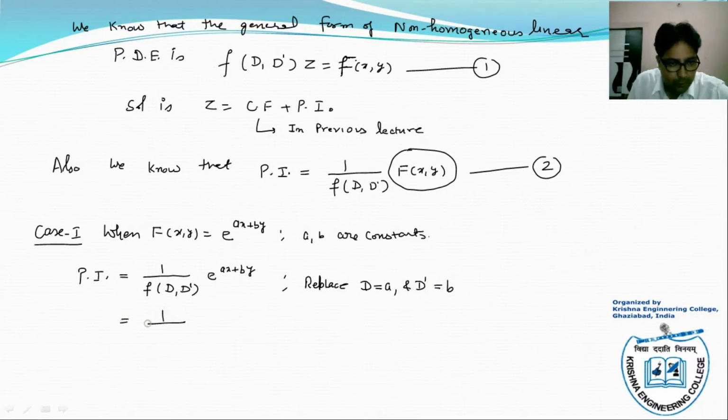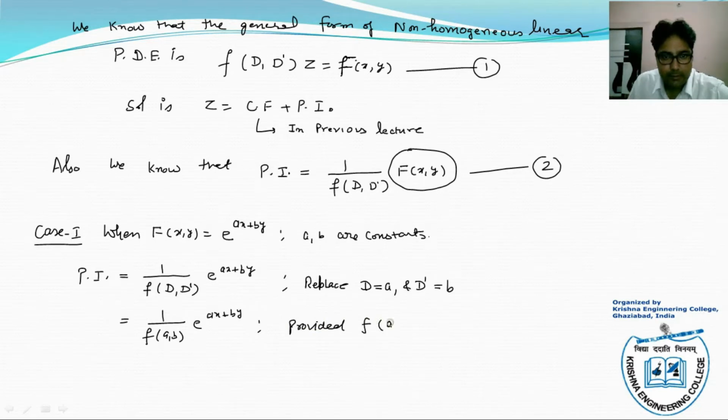So the PI is 1 upon f a b e to the power ax plus by, provided f a b will not equal 0. If f a b is equal to 0, then the rule of PI fails.